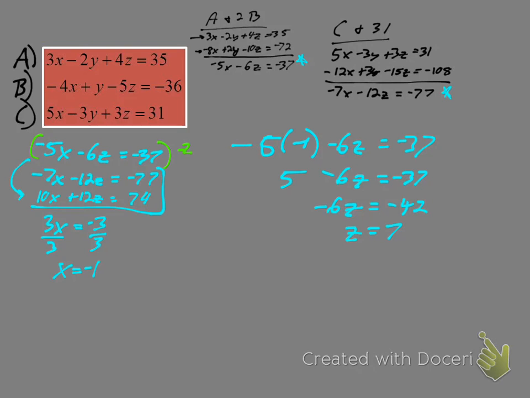So you do AB the first time, you can't do AB again because you already did it. So last time, I'm going to go with B, why not? Negative 4 times negative 1 plus y minus 5 times 7 equals negative 36, which means it's 4 plus y minus 35 equals negative 36.